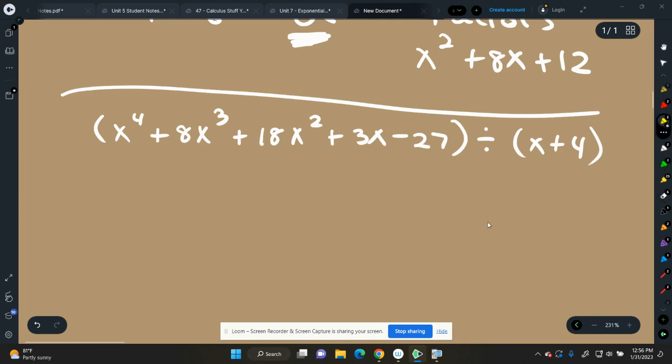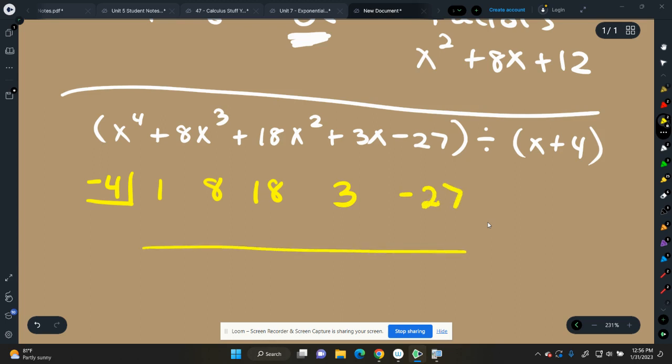Okay, what are we going to divide by? Negative 4. Okay, we're going to list our coefficients, which are, I want to hear from everybody. 1. What else? 8. What else? 18. 3. Good.